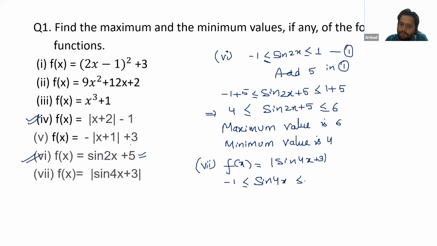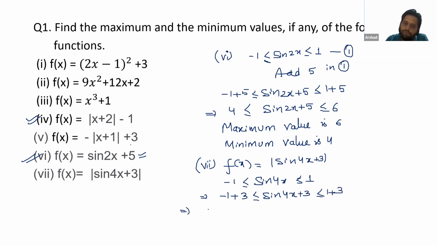But these questions were given in your book by this method, so I'm solving this. Again, sine is greater than or equal to minus 1 and less than or equal to 1. Now change this expression as per your question. You need plus 3 here, so add 3 on all sides: 1 plus 3.